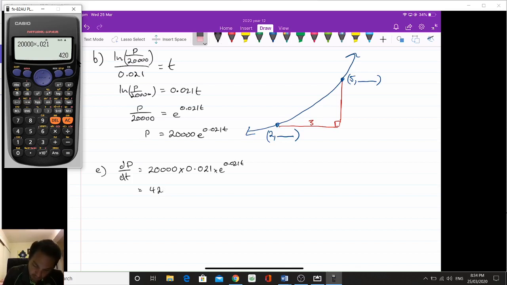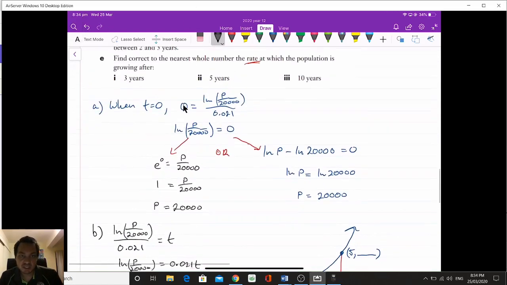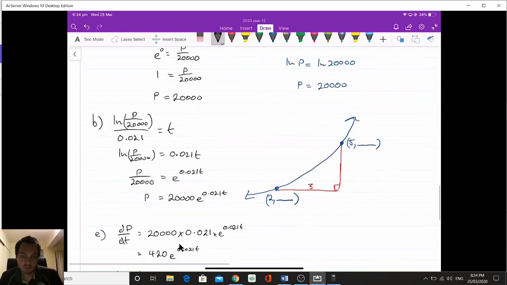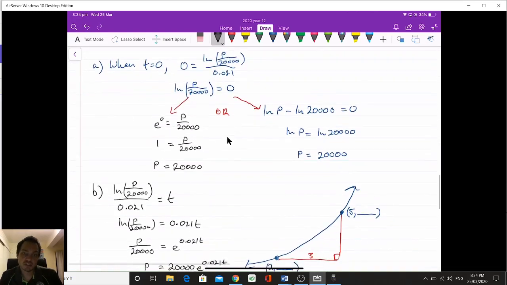So it's 420 e to the 0.021t, and then you would say when t is equal to whichever these questions are, I won't do them, but when t is equal to 3, you could calculate what the instantaneous change in population is, and if t was equal to the others, you could do the same thing.